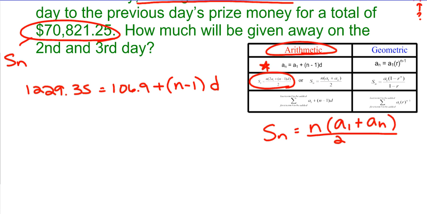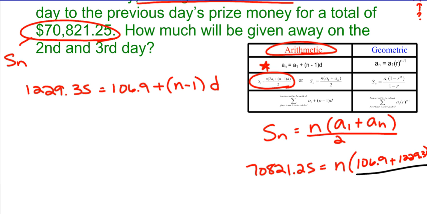So I know SN is the 70,821.25. I don't know N, that's what I'm trying to find here so that I can find D. And then I know A1 is 106.9, and I know AN is the 1229.35, all divided by 2. So I'm going to solve this equation.